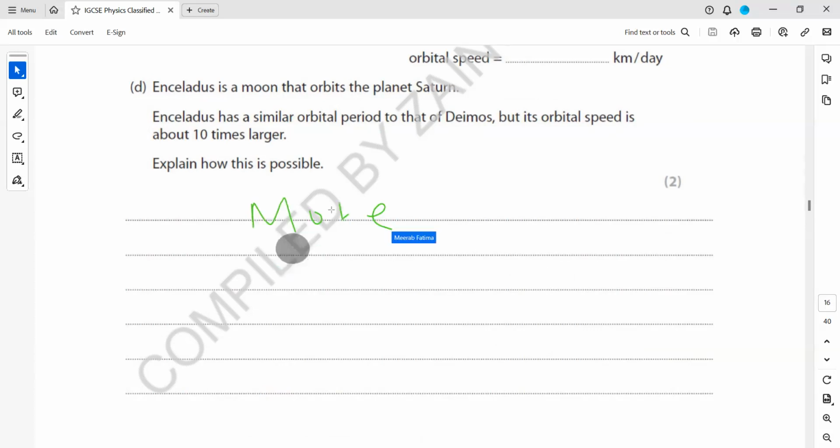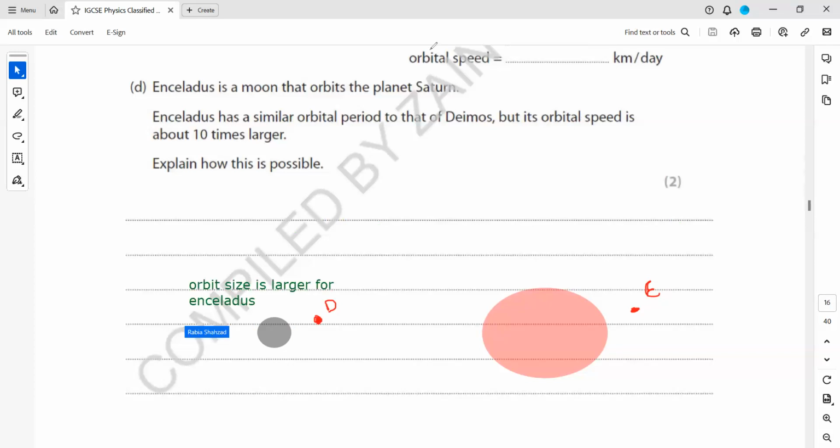One moon was orbiting Mars in the previous question, another one is orbiting Saturn, and they have a similar orbital period, like the time is the same. For example, this represents Deimos, and this represents Enceladus, which is orbiting Saturn. Both are taking the same time interval.